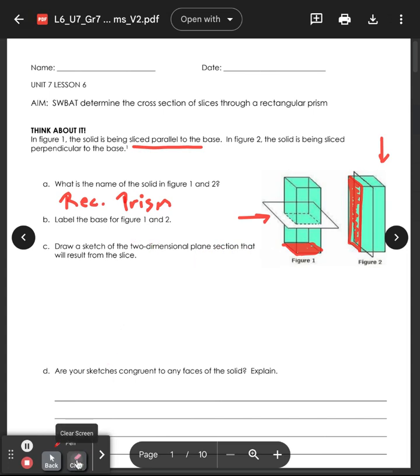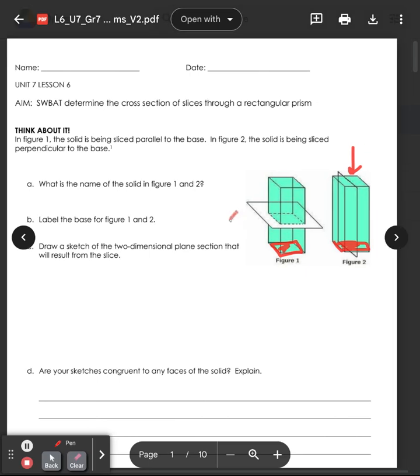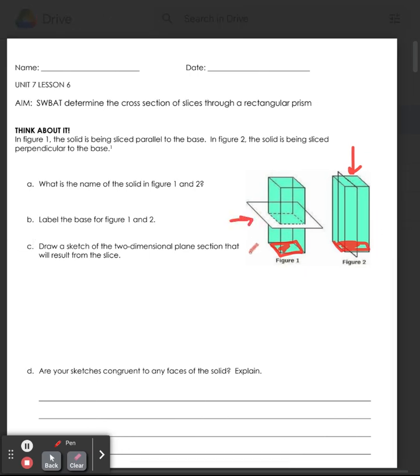And so Mr. Pierre just misspoke. We see that this is our base for figure 1. This is also our base for figure 1. However, we're taking a perpendicular cross-section, meaning that it's going straight up and down vertically, whereas here in figure 1, the cross-section was being done parallel to the base. And so it's still a rectangular prism. That hasn't changed. The bases for both of these, for 1 and 2, are still the same.